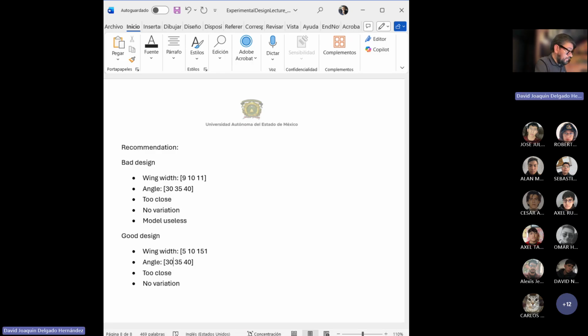And the angles could be 10, 45, 60, for instance. Okay, this is a wide range. And you can capture the system variation.